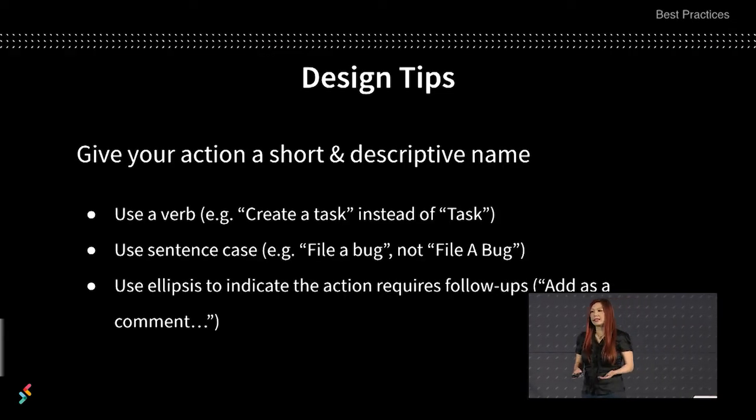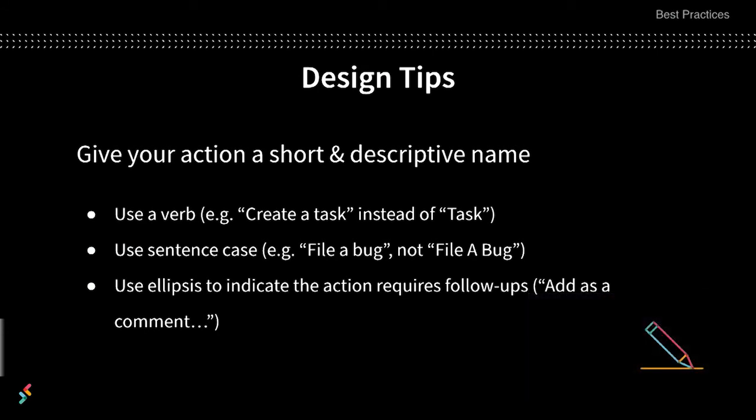Of course, you might have an awesome app, but you have really awful UX. Well, that sucks because you're definitely losing your users, right? Maybe the number of installations might be quite high, but retention will be low when the UX sucks. So the design tips here: first, give your action a short and descriptive name.